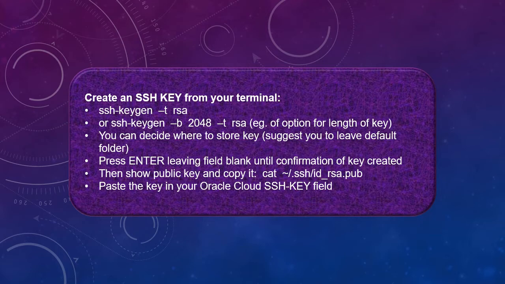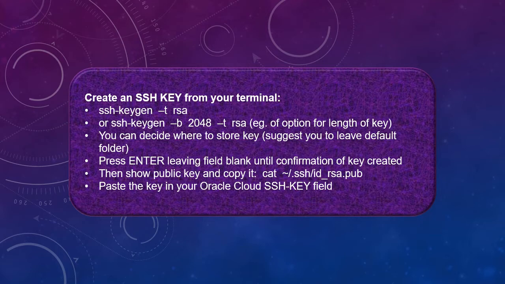The key will be in the .ssh folder in your home directory, and the file is named id_rsa.pub, for public. So you just need to enter this command here: cat, then the tilde, /.ssh/id_rsa.pub.